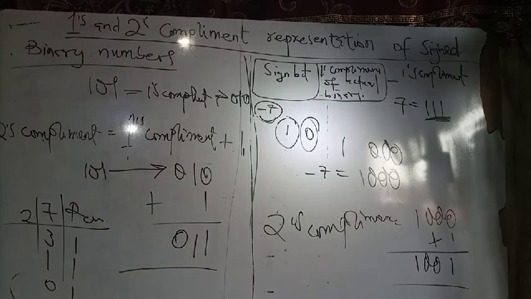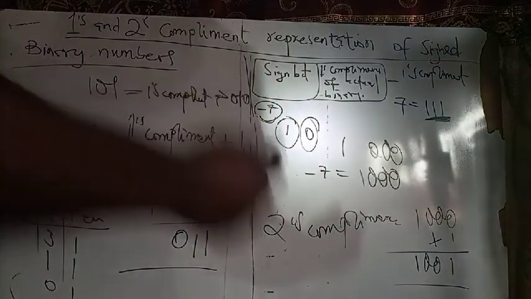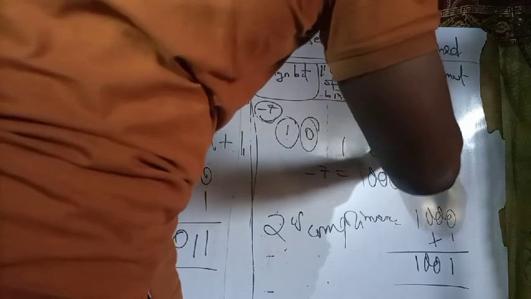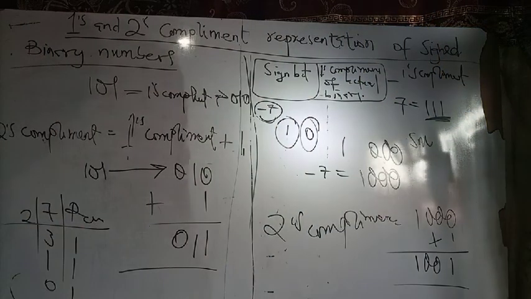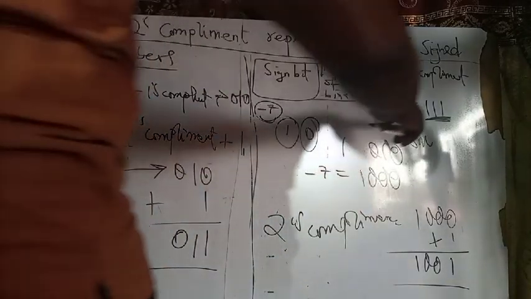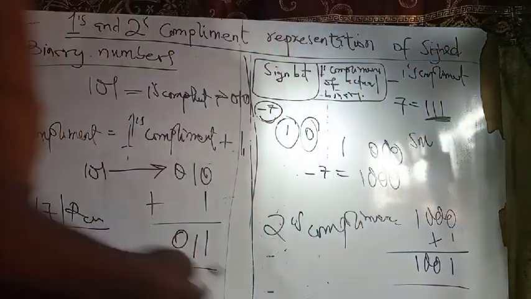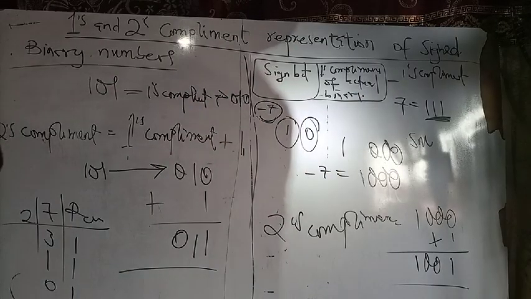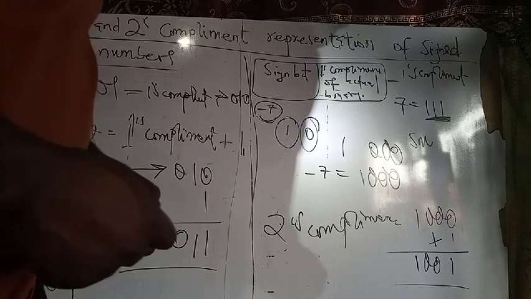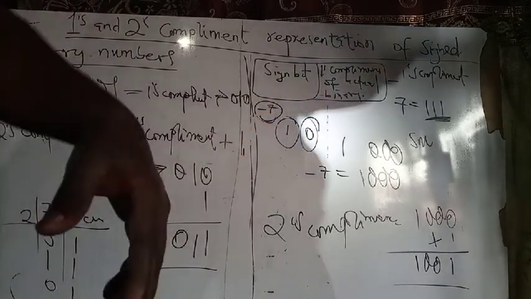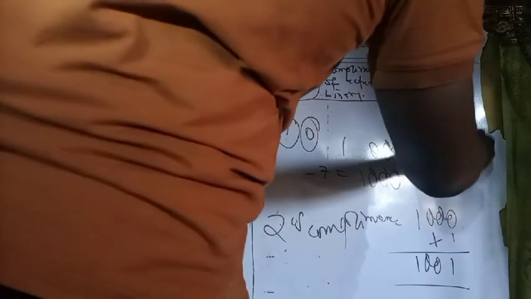Let us do a quick recap. My sign magnitude here, if we are manipulating this number, the -7, and writing it in a normal way, is going to be 111.